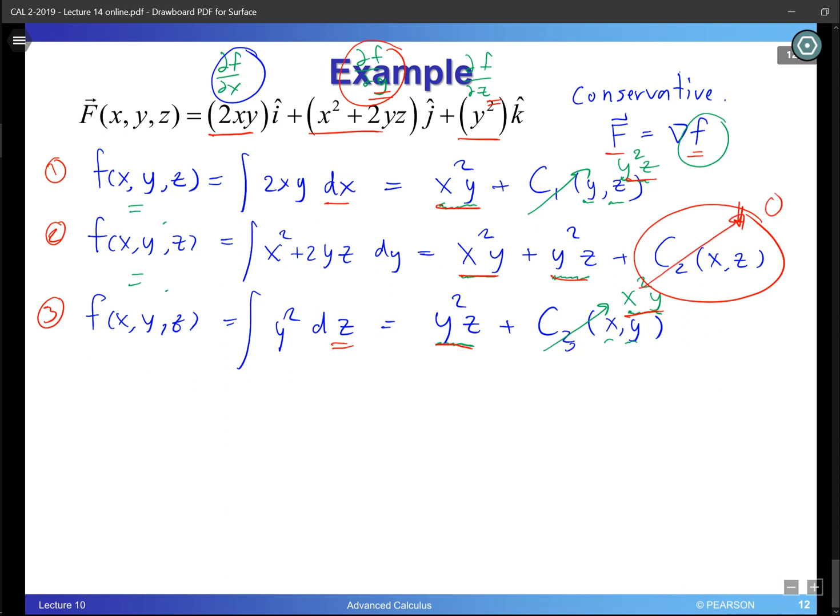So it means that here 1 equals 2 equals 3, which means that we can find f such that the vector field equals the gradient of this f, which means this vector field is conservative.